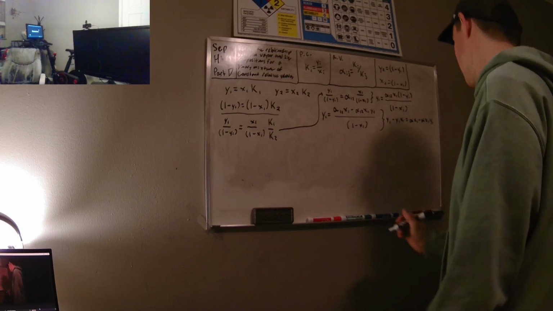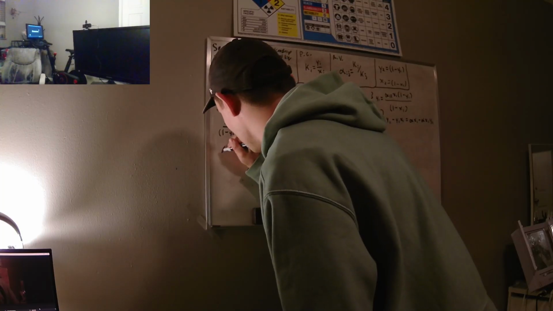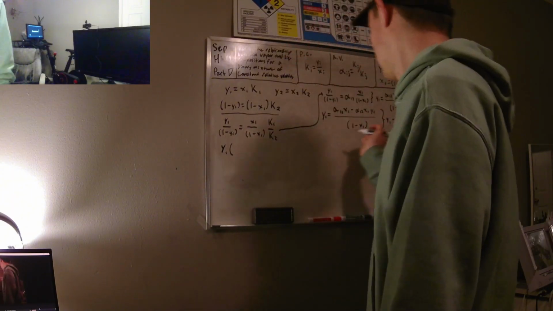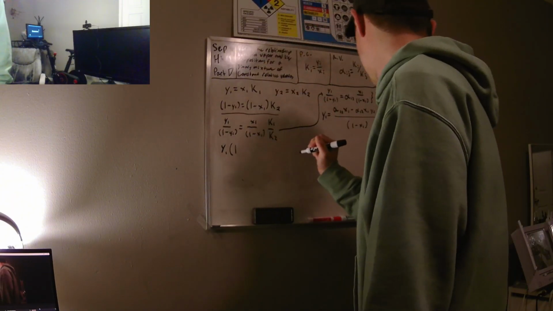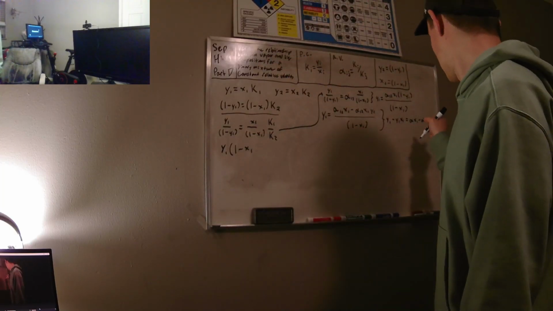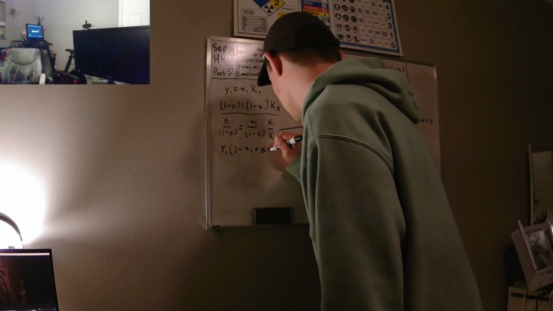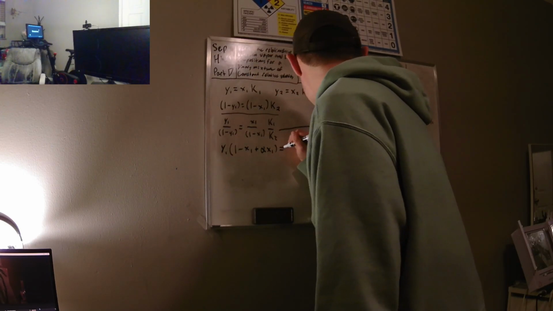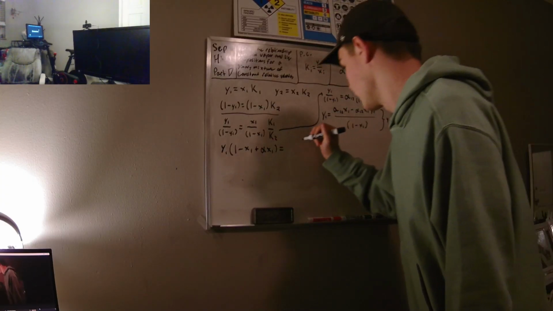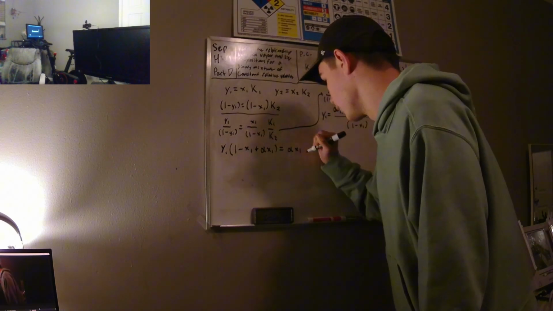Now, if we isolate our y1, we get y1 times 1 minus x1 plus alpha x1 equals alpha x1.